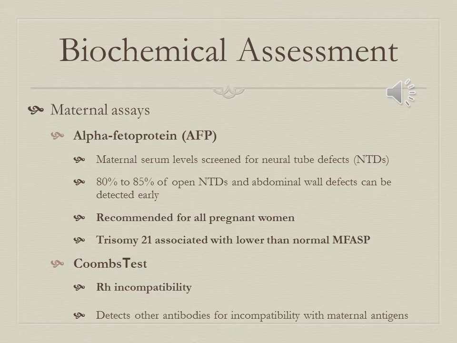So, if your baby is lysing all of its blood cells, it's releasing that heme, you're going to have an increase in the bilirubin, and you're going to have an anemia with it.